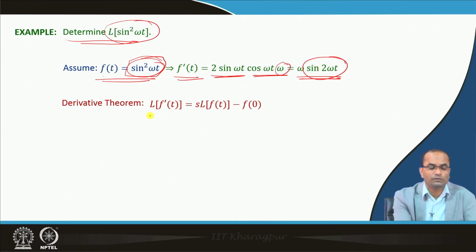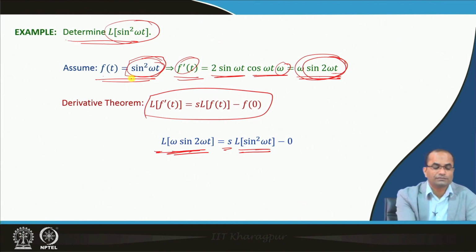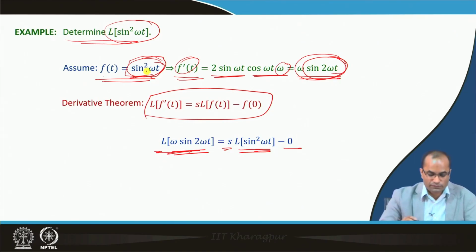So, we can now use the derivative theorem, which says that for the derivative, which is omega sin 2 t, the Laplace transform is s times the Laplace transform of f t, sine square t, minus f 0. And f 0, sin 0, is 0.